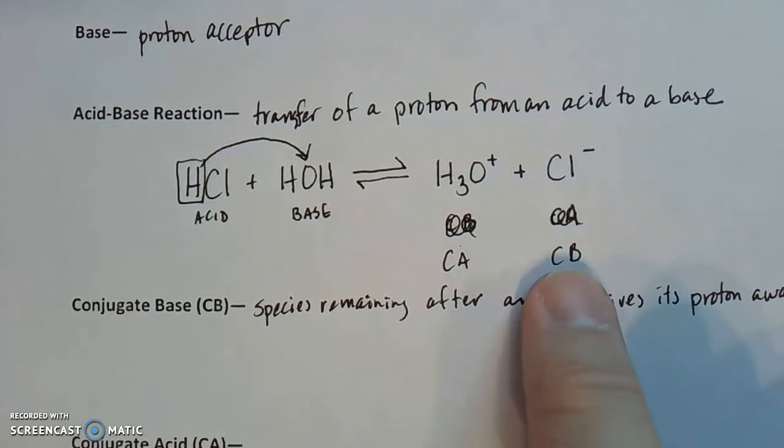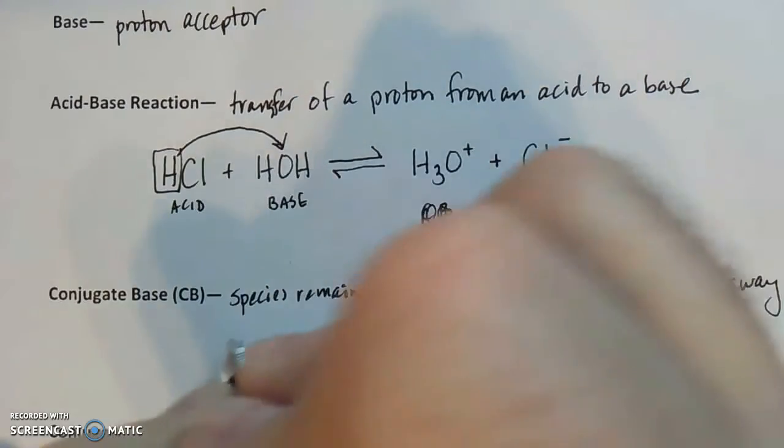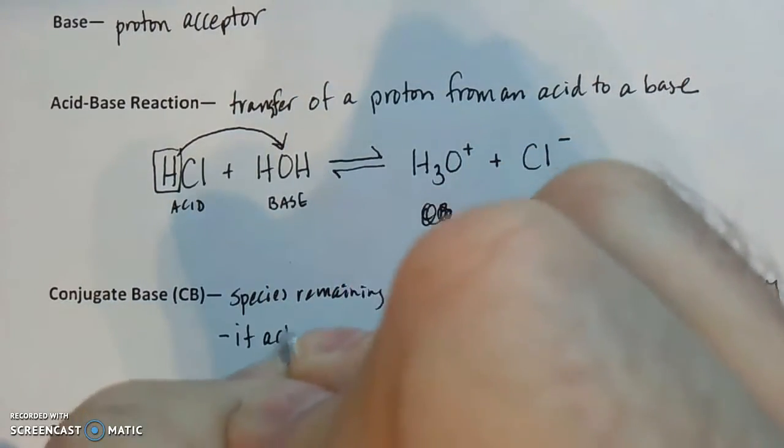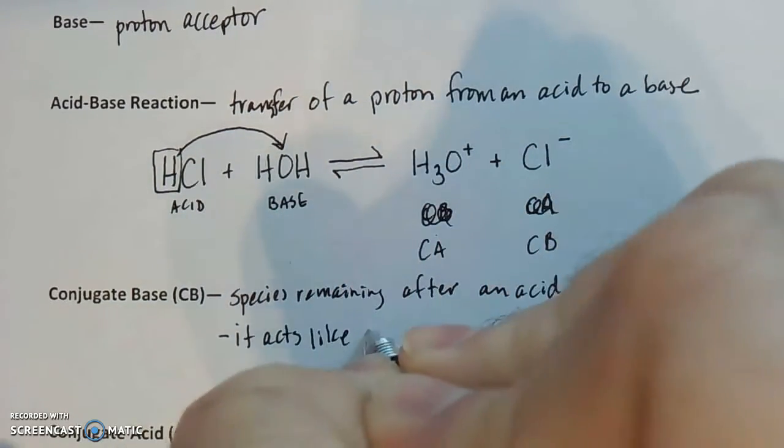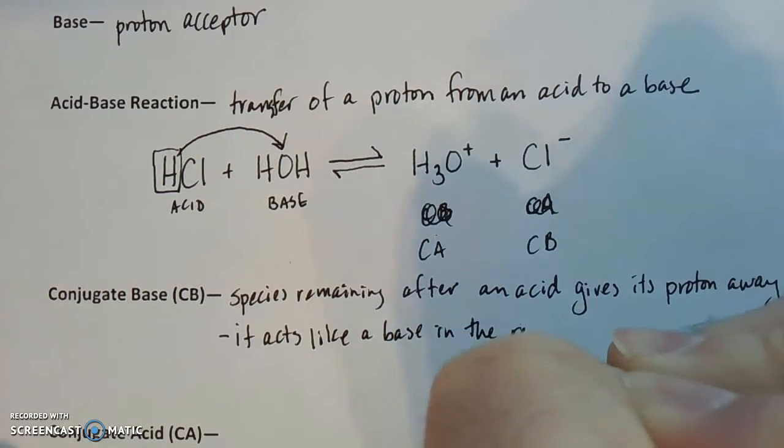So Cl- is our conjugate base. It acts like a base in the reverse reaction.